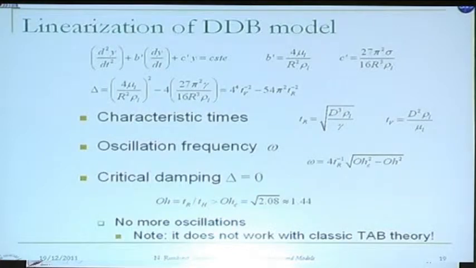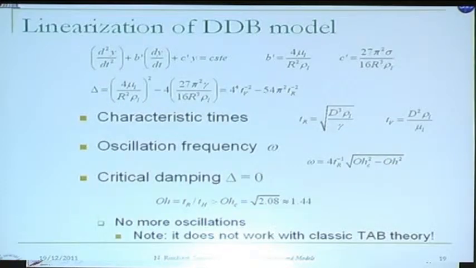And the frequency of oscillation is given by this kind of critical behavior when you are close to the critical Ohnesorge number. But if you are far away from this critical value, the characteristic frequency is the inverse of the Rayleigh characteristic time.